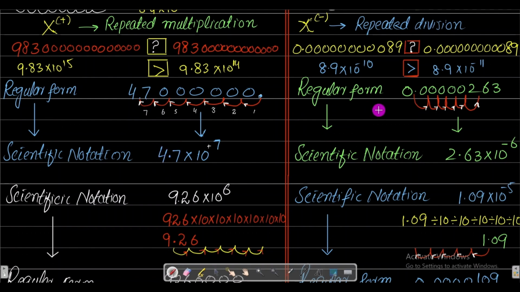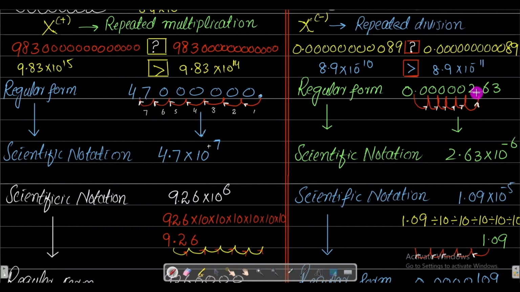And similarly, for this very small number, if we have this regular form and we are asked to convert this into scientific notation, we will take that point, and this is the first step, second, third, fourth, fifth, and this is the sixth step.